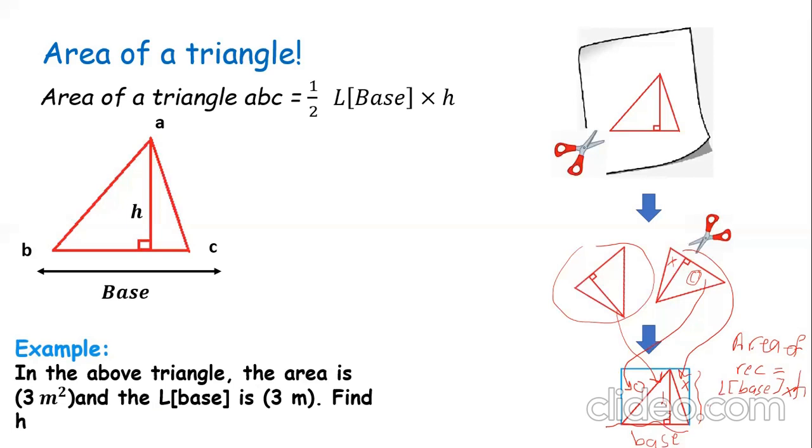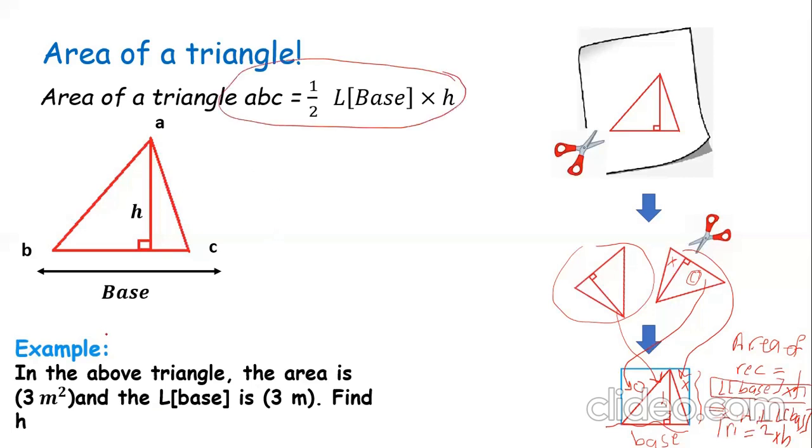From this we conclude that the area of the triangle will be equal to half of the area of the rectangle, which will be half the length of the base multiplied by h, which is what we have written here.